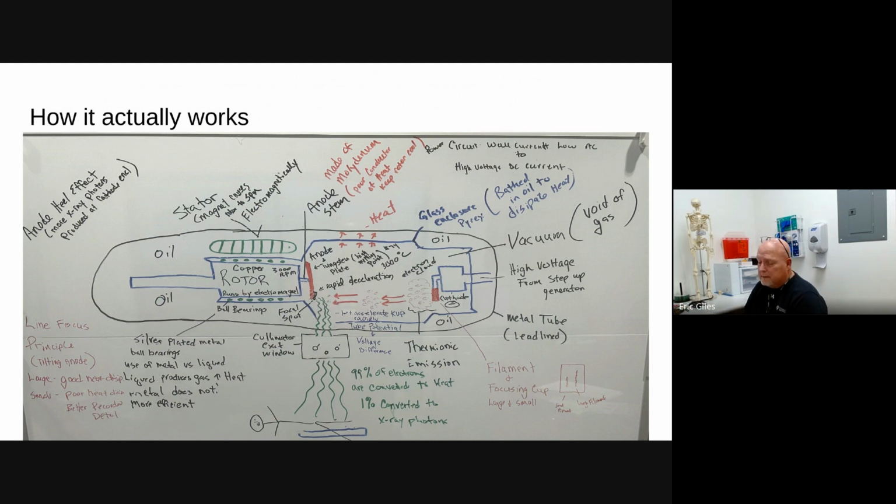And this is where electrons are produced into X-ray photons or heat. Okay, and these X-ray photons are actually directed down through a filtered collimator right here to help take away the weak X-ray photons.